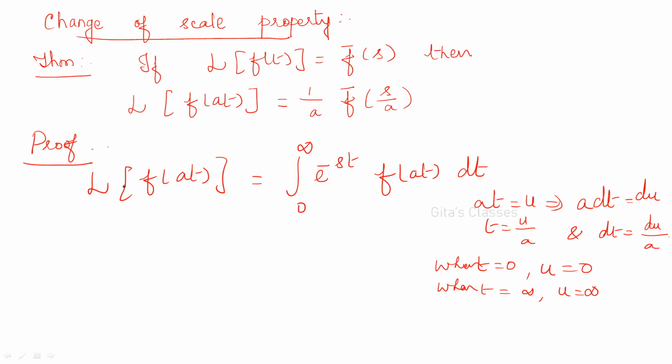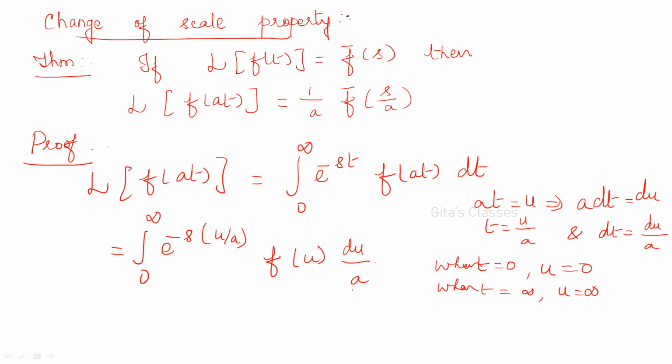So this will be equal to the integral from 0 to infinity of e power minus s into t, where t is u by a, into f of at, which is f of u, into dt, which is du by a. So this 1 by a is available. It is a constant, so I can take it outside.